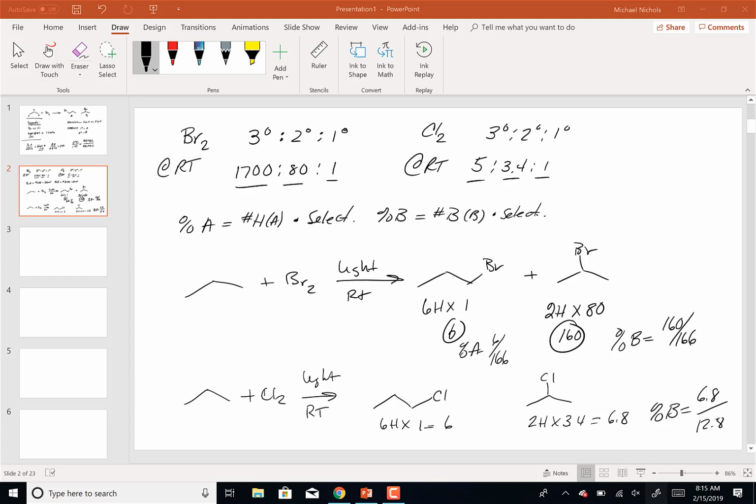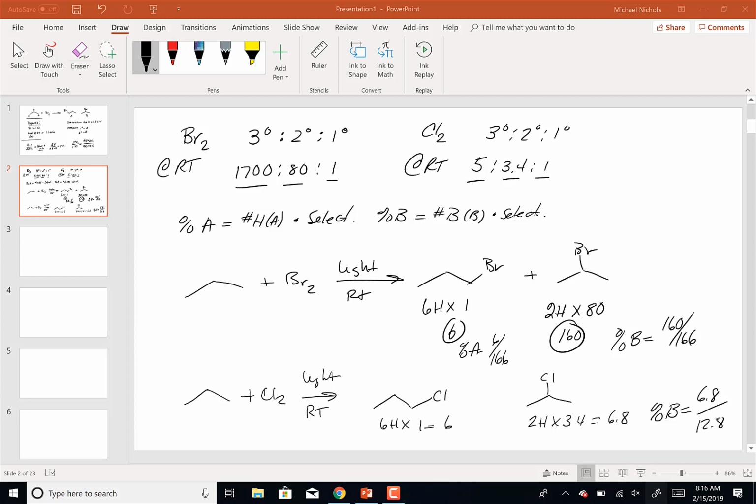And I'm going to say that bromination is more selective than chlorination. So much so that if I've got just secondary hydrogens for bromination, that secondary hydrogen is going to be the major product. If I've got a tertiary at 1700 to 1, nothing beats a tertiary.